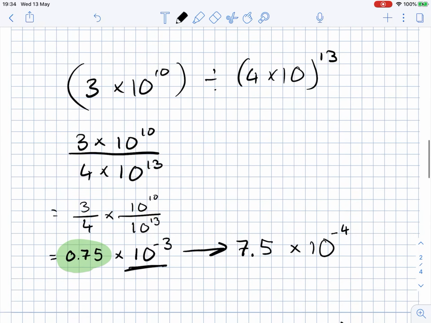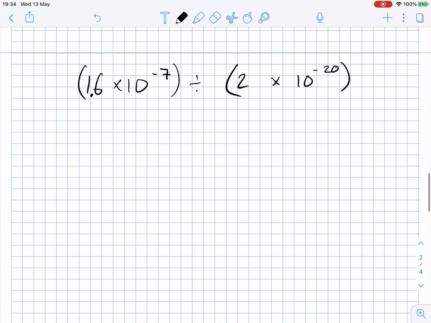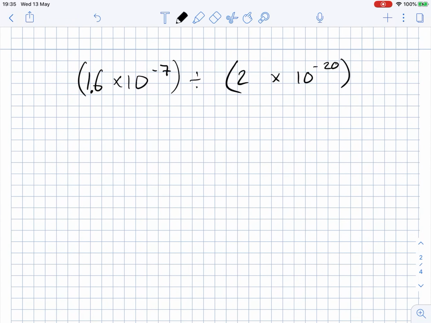Okay. My last example, again, similar approach. We've got 1.6 times 10 to the minus 7 divided by 2 times 10 to the minus 20. So I'm going to write this as 1.6 times 10 to the minus 7 over 2 times 10 to the minus 20.